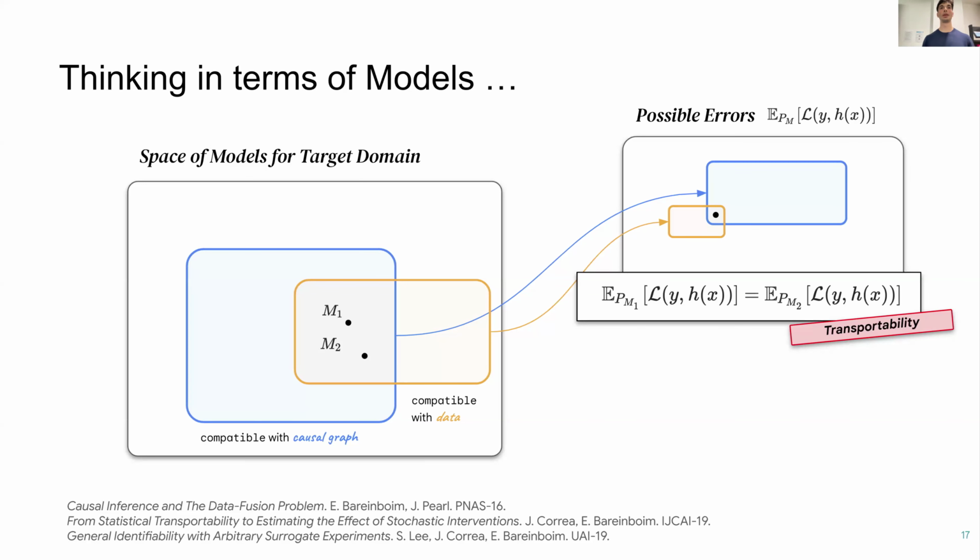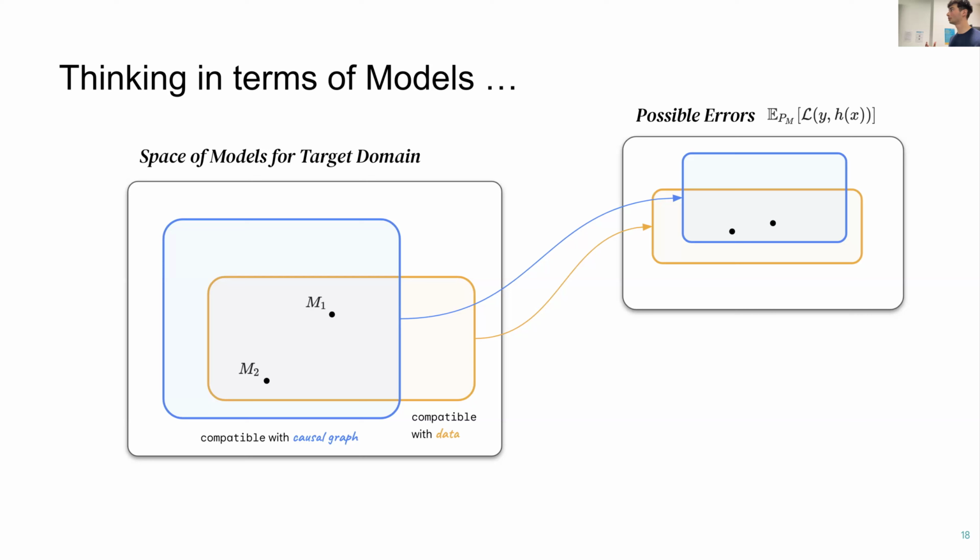So typically the information you have in transfer learning problems isn't sufficient to meaningfully constrain the space of models for the target domain that you may be working with. And so typically you're in this situation where two models compatible with your assumptions will evaluate to two different target errors. So typically the error isn't going to be uniquely computable, and there's going to be a set of values that are compatible with your assumptions.